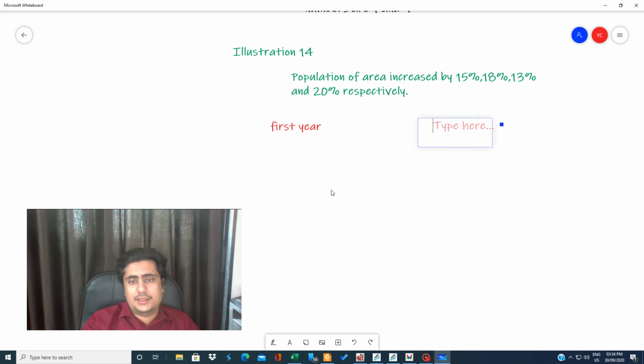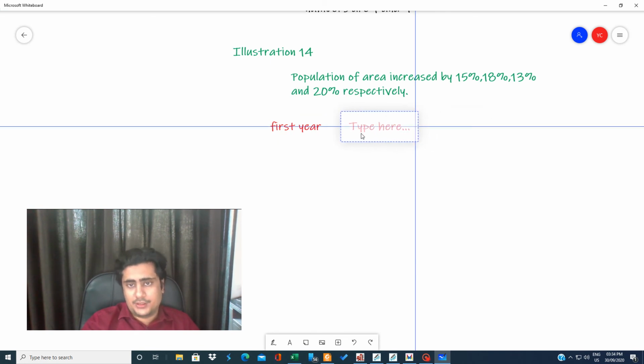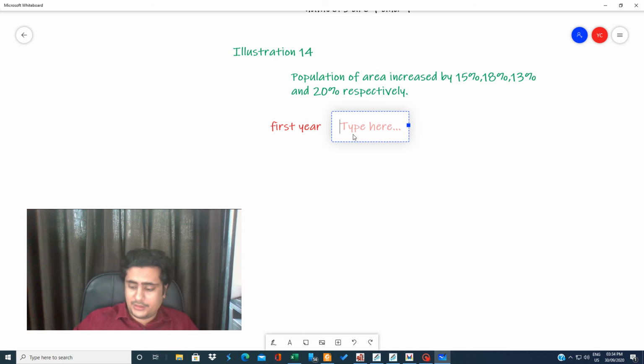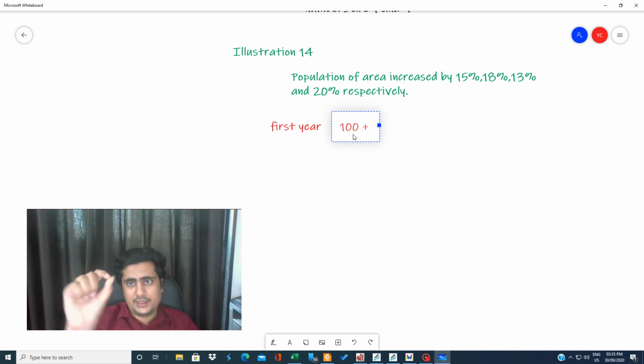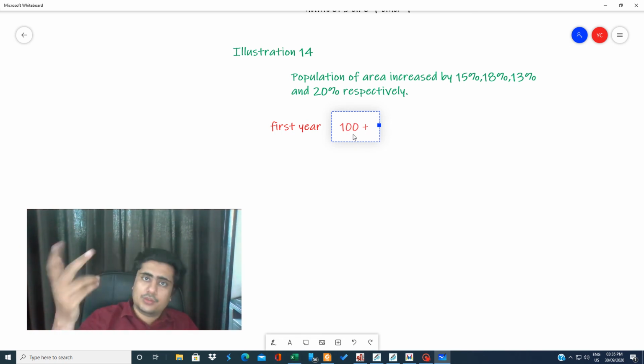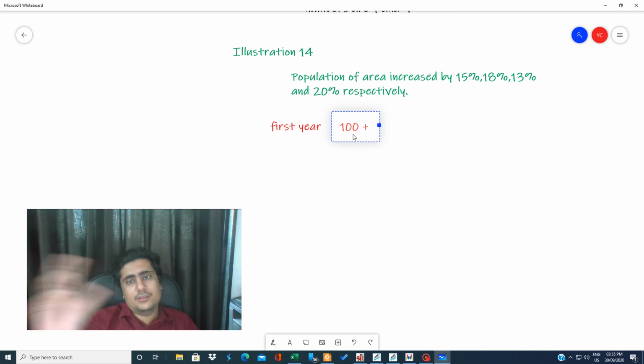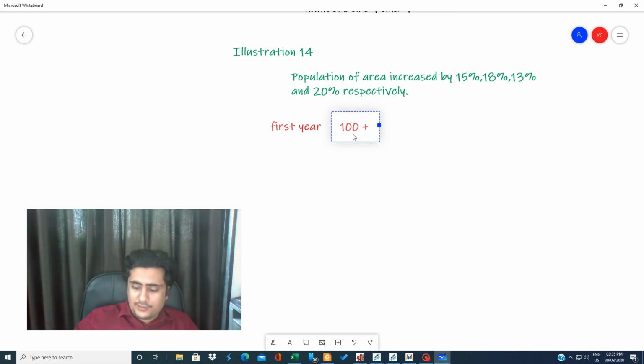Now this data is in percentage, that your population is increased by 15%. That means you are already having 100% data. Increment is the upper portion. You are already having something and it is increased. So you are having 100% and 15 is increased. So in first year, your population is 115. Okay.